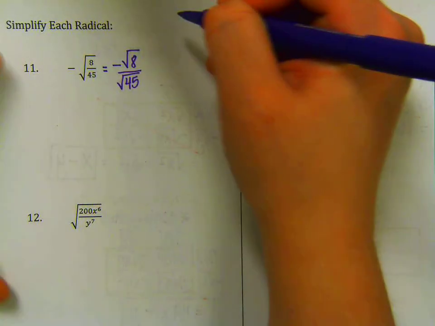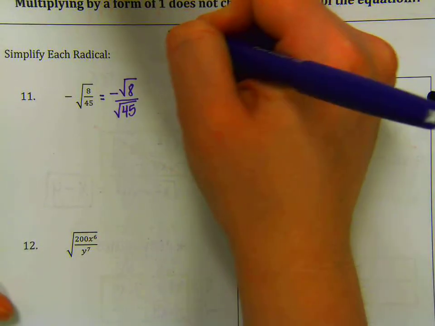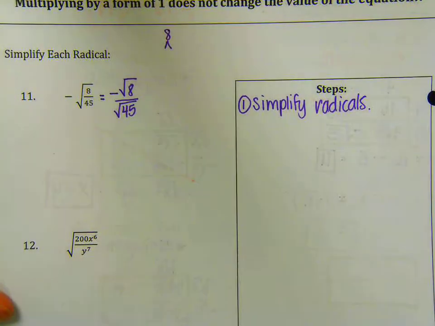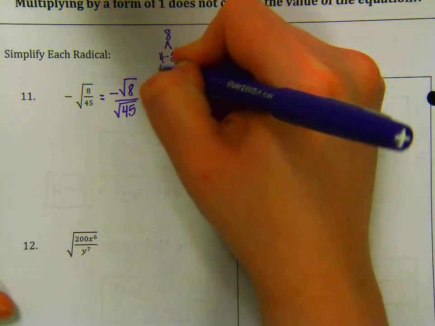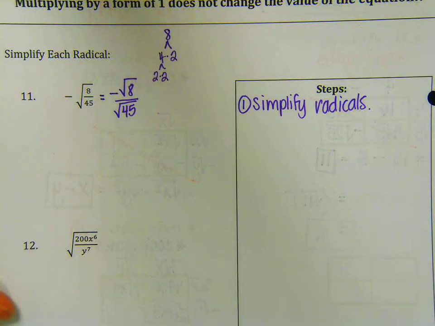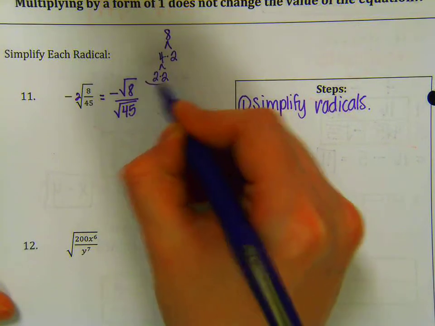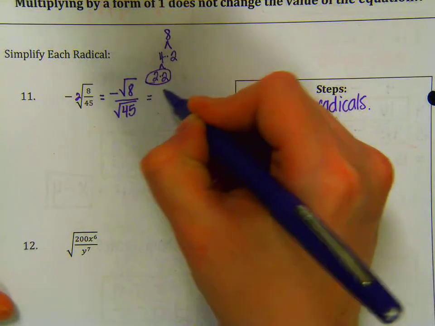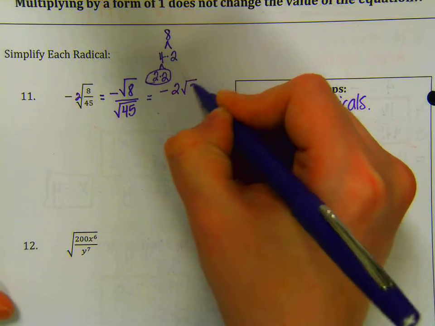So for 8, I'm going to write that up top here a little bit further. How can I split up 8? 2. And then 4 can be split up into 2 and 2. My index is 2. That's what I'm looking for, groups of 2. So I'll have negative 2 radical 2 because that 2.